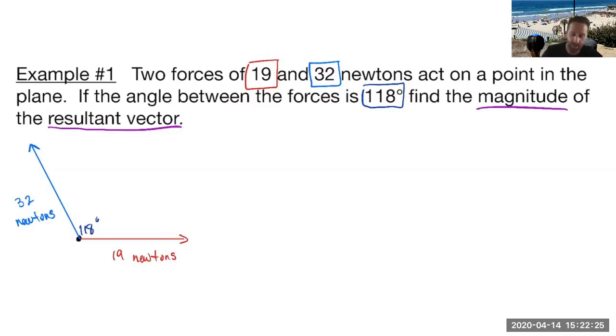So what I'm going to do is start by drawing out that red 19 newton vector all the way up here. I'm just going to move it up that blue vector, and right at this point, I'm then going to draw it the same direction and hopefully the same length. Then I'm going to do the exact same thing, but this time along this red one.